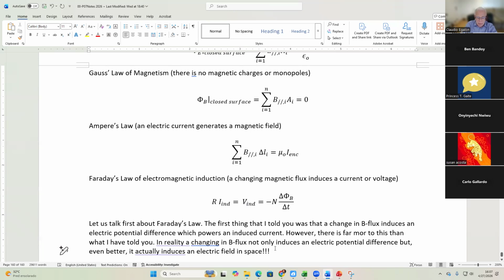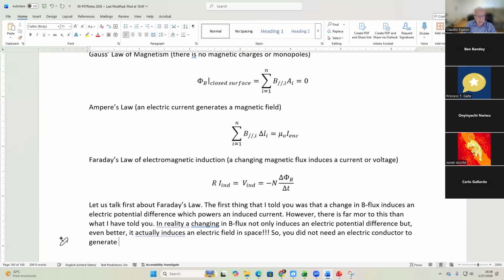Keep that in mind. You did not need an electric circuit, an electric conductor, for this law to take effect.